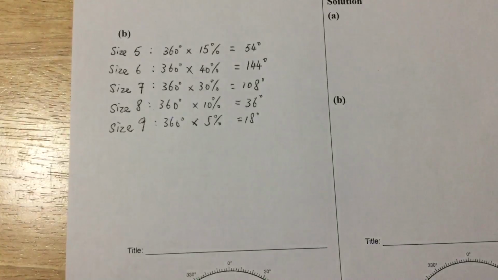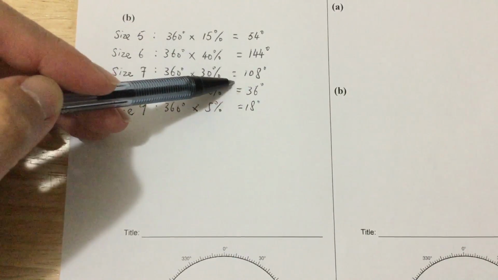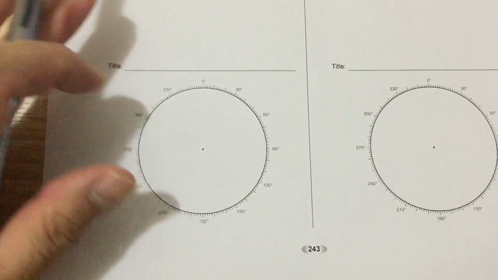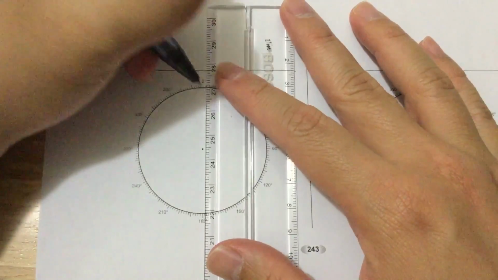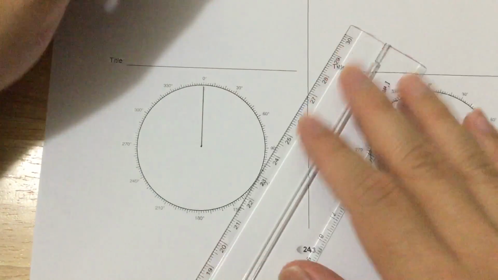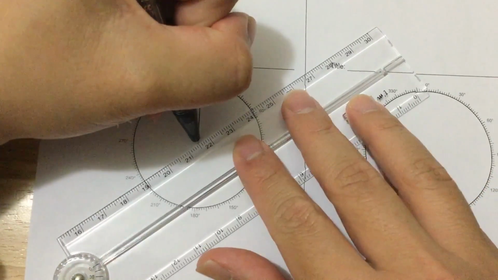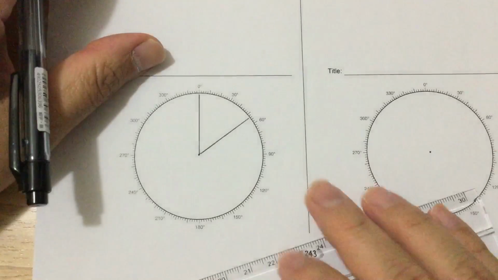So we can write down the final angles: 54, 144, 108, 36, and 18, and we can draw the picture. For size 5, we repeat once again, that will be 54 degrees. So we draw the 54 here, and this is size 5.